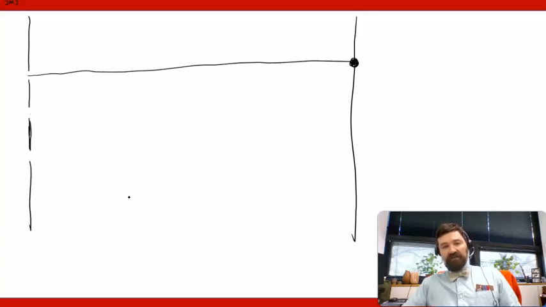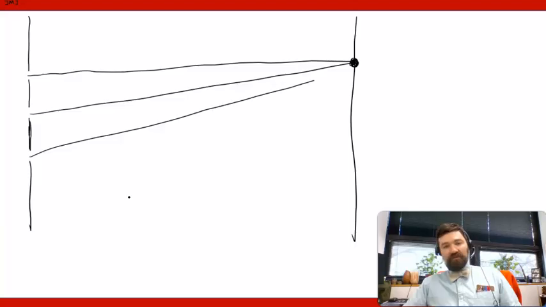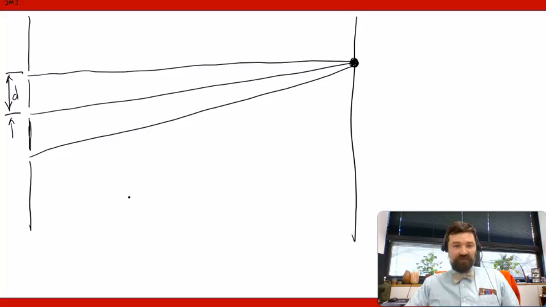I have light incident from slit number 2 to the same location, and I have light incident from slit number 3, again, to the same location. So we're going to have different phase differences between these. Let's call d the distance between two consecutive slits as we did before. So this distance is d, but this distance right here is also d.